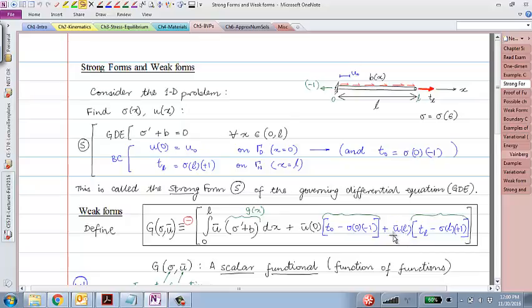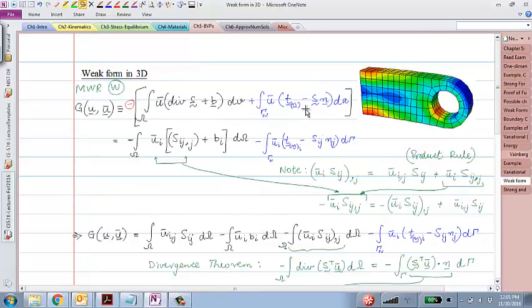And u bar L times T L minus sigma L. This is nothing but traction is equal to stress times normal, at L. So the two terms that I have written in the corresponding 3D form is this term and this term, assuming that the virtual displacement, wherever the real displacement is specified, is set to 0. That's what we have done here. So these are the two terms that we get.